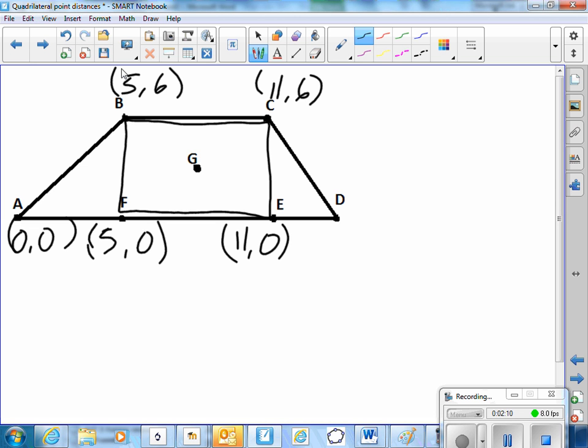So B is straight above F, or F is straight below B. Halfway between 5 and 11. Well, going from 5 to 11 would be a difference of 6. But if I only want to go halfway, that tells me I need to go 3. So I know this distance here is 3.